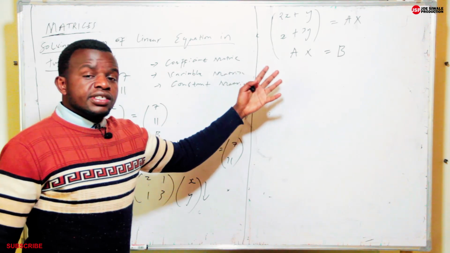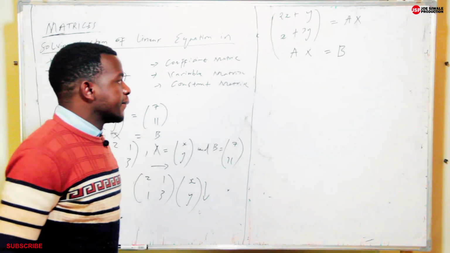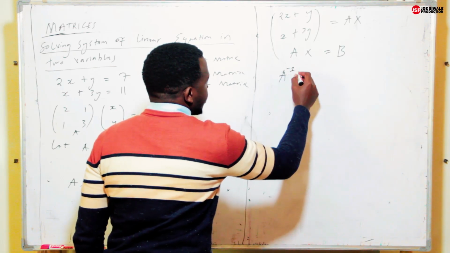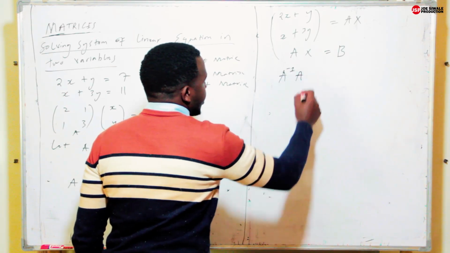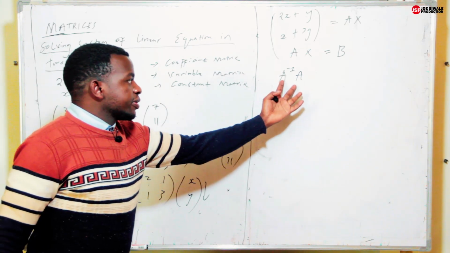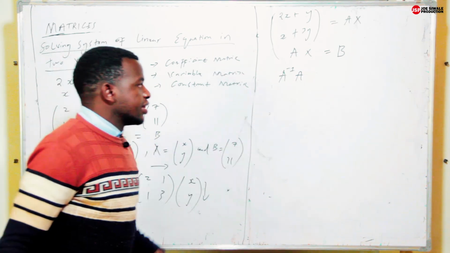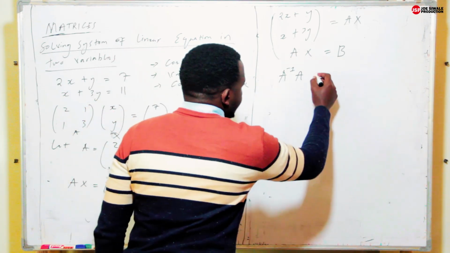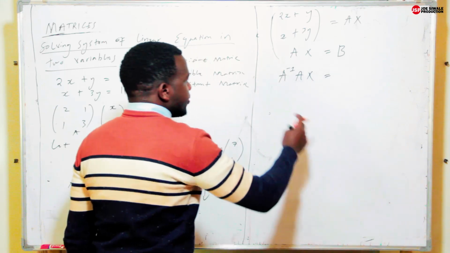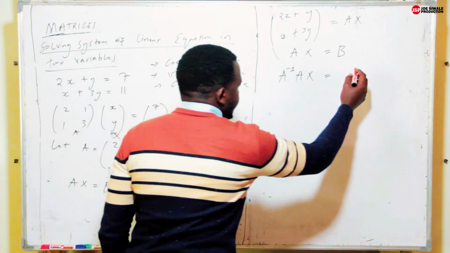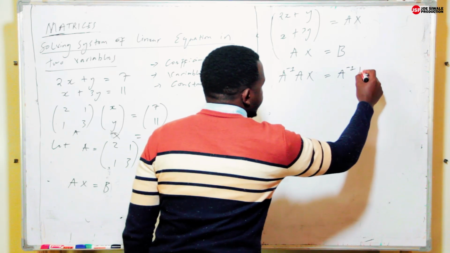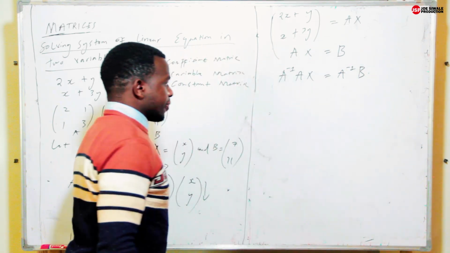We can introduce the inverse of matrix A. So we can say the inverse of matrix A multiplied by A, that means that we're going to cancel it out. And when we do the multiplication, it's going to give us the identity matrix. So we have our x is equal to, that means that on the other side of the equation, we're going to have the inverse of A multiplied by B.